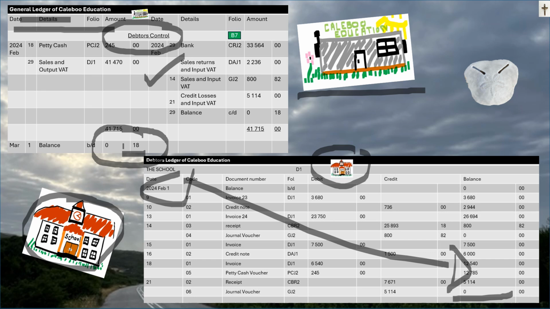So what we're going to do through the course of this video is find out why there's a difference of 18 cents between the control account and the account of the school in the debtor's ledger. And when we do find the difference, we will say we would have reconciled between the control account and the debtor's ledger.